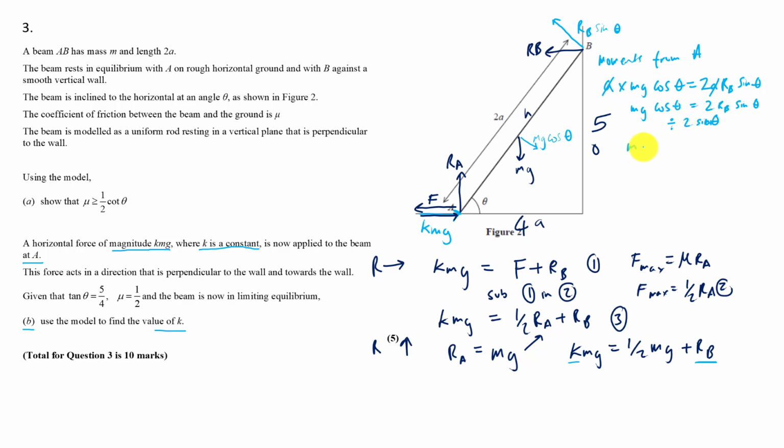So we get left with mg cos theta over 2 sine theta equals the reaction at B. So let's label that 4 and sub this into 4.